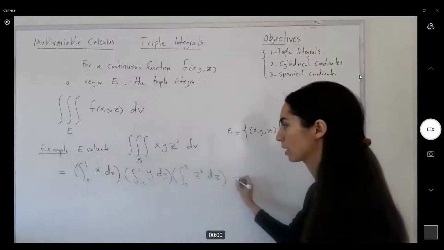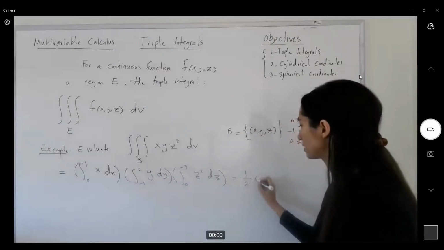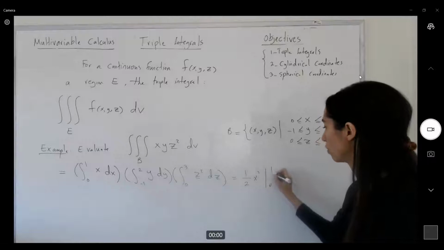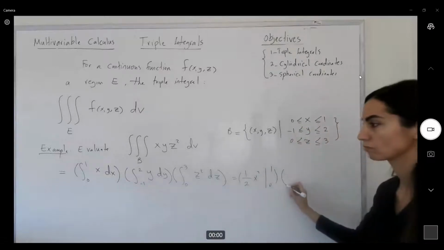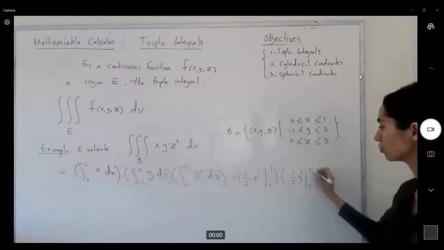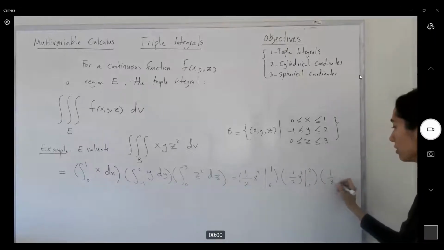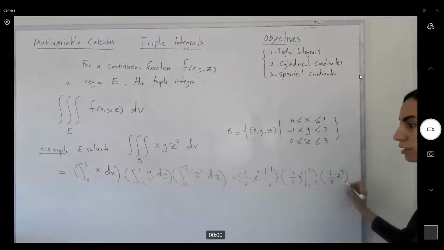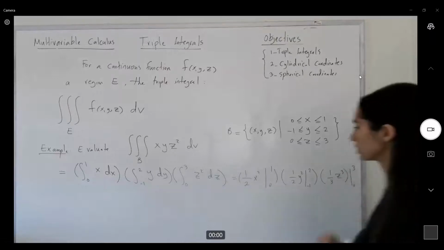Perfect. So I have a half x squared from 0 to 1, times a half y squared from -1 to 2, and a third z cubed, where z ranges from 0 to 3.